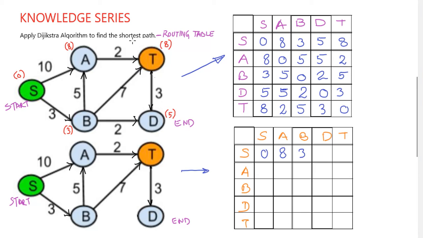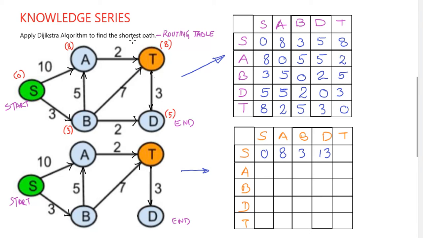If you are going in this path, S, B, T, D, 3 plus 7, 10, plus 3, 13. Or S, B, A, D: 3 plus 5, 8, plus 2, 10, plus 3, 13. But if you are going S, A, T, D, 10 plus 2, 12, plus 3, 15. It is higher. So you select S to D as the shortest path, that is 13.